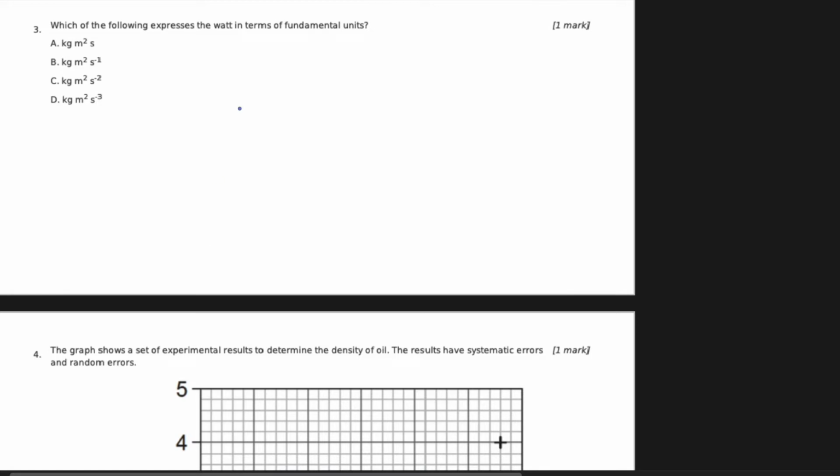Which of the following expresses W in terms of fundamental units? So W is the unit for power, which is equal to energy over time. So energy is equal to kg times meter squared over second squared, divided by time. And it is also in seconds.